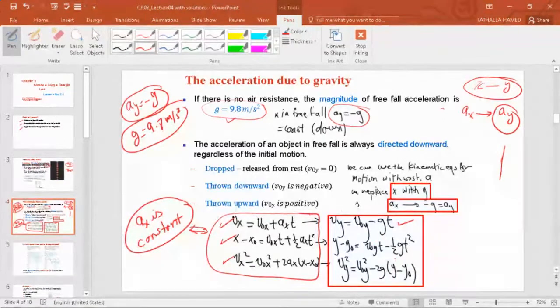You notice in this equation here, I'm not using ay, like in this equation here where we use ax. We already replaced the ay with minus g. And the value of g, when you use these equations, is equal to 9.8 meters per second squared. I don't want you to say, oh, is it minus?